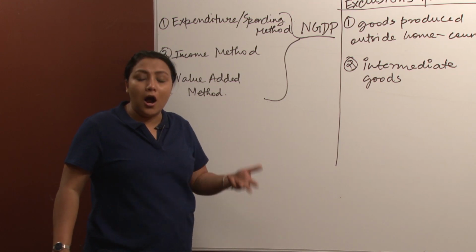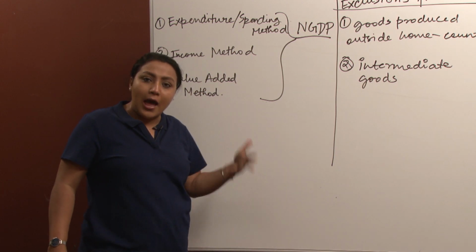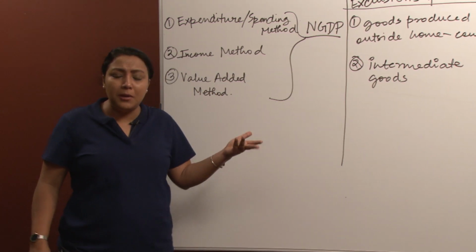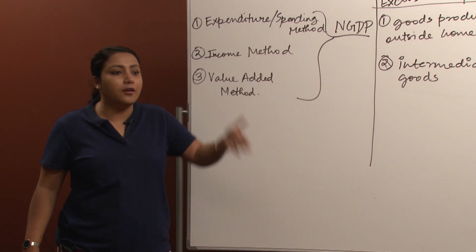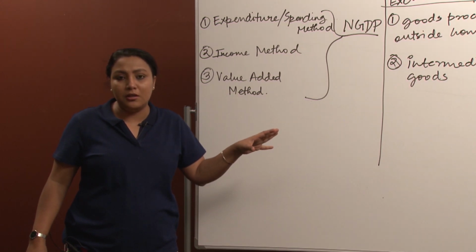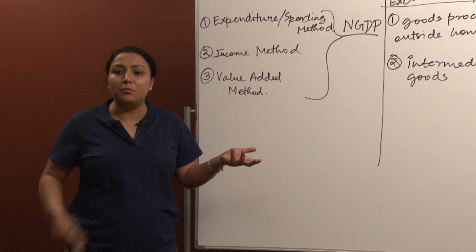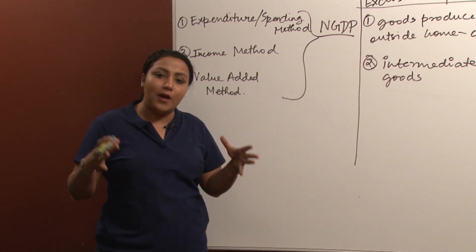In case of car, for example, the value of the new car goes into GDP, but for example, the value of the engine that you put into the car, the value of the windshield, or the value of the audio system in the car, that does not go into GDP, because those are only smaller parts or intermediate goods that make the final commodity.